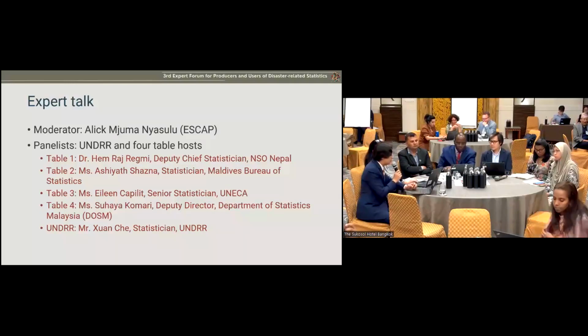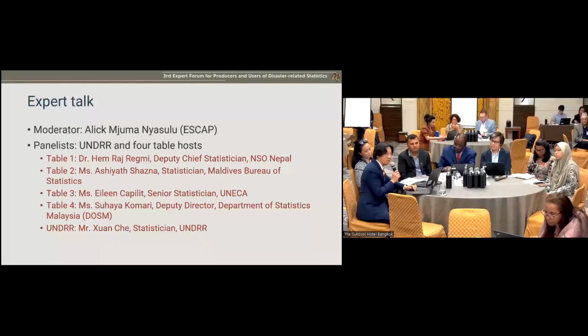In terms of the use of the economic loss data, there's a variety of demand and use, including, for instance, to inform national master development plans, to update the national disaster management framework. It could also be very helpful to identify the best evacuation shelters and sites for future disasters.